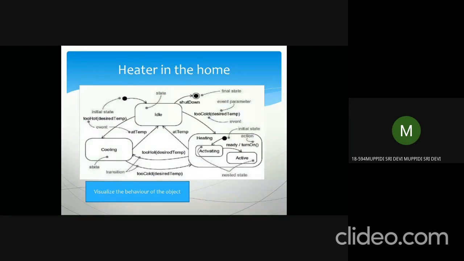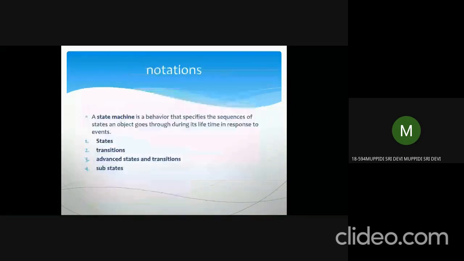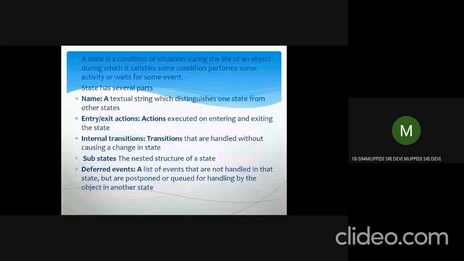Whereas the solid directed line present inside a complex state like heating, the transition between the activating and active states, is an internal transition. And what are substates? The substates present in the heating state are the activating and active states.